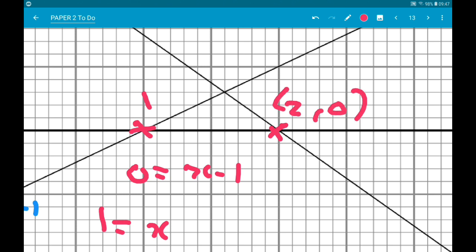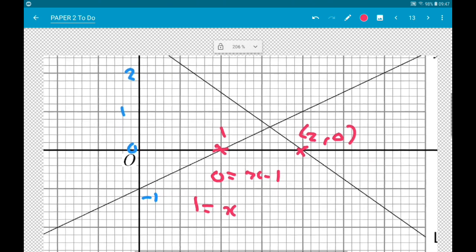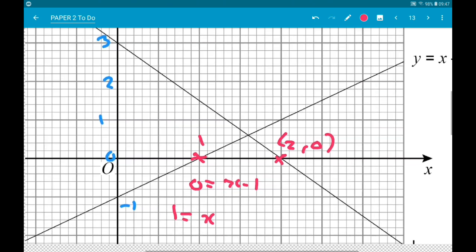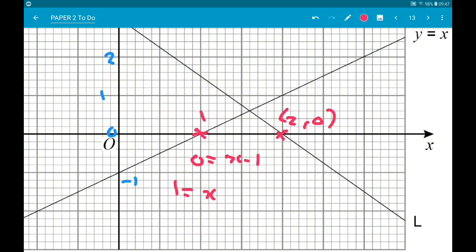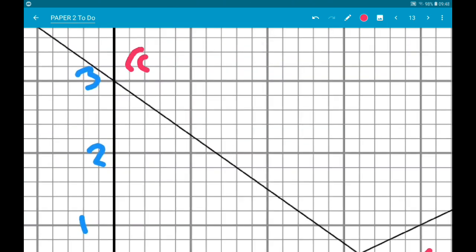Okay, so now to find the gradient, gradient is difference in y over difference in x. So the gradient of L, so the coordinates over here are 0, 3.